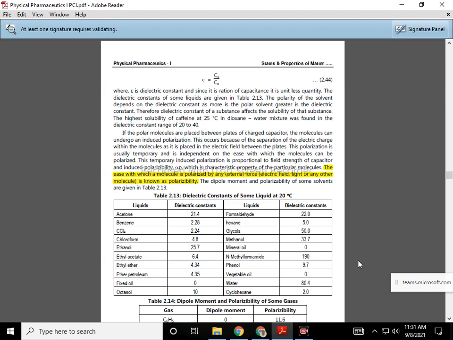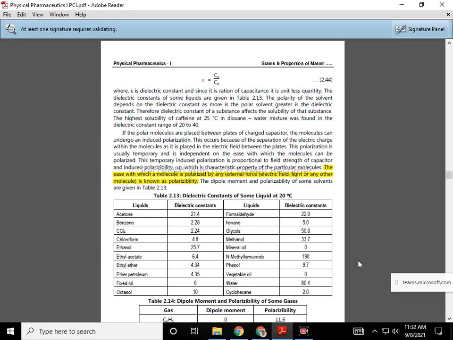Very clear, very simple. From the dielectric constant value, anybody can guess who is having more dipolar nature, who is having polar nature, who is having the capability to get induced dipolarization, instantaneous polarizability, permanent dipole.